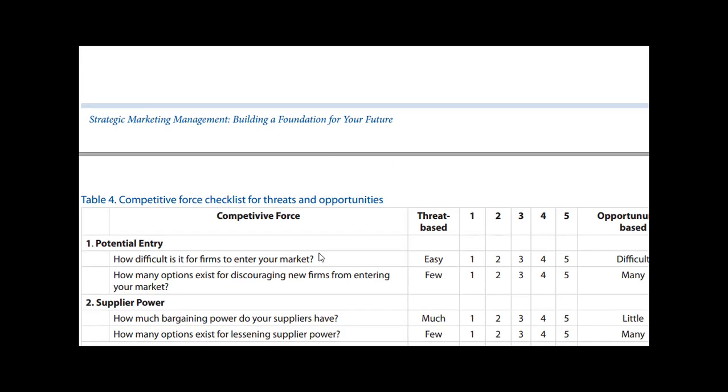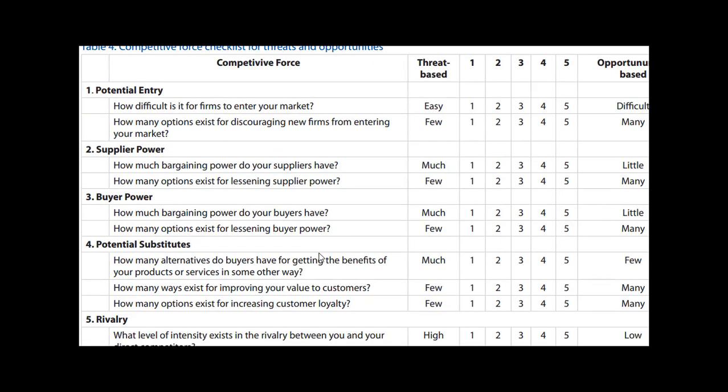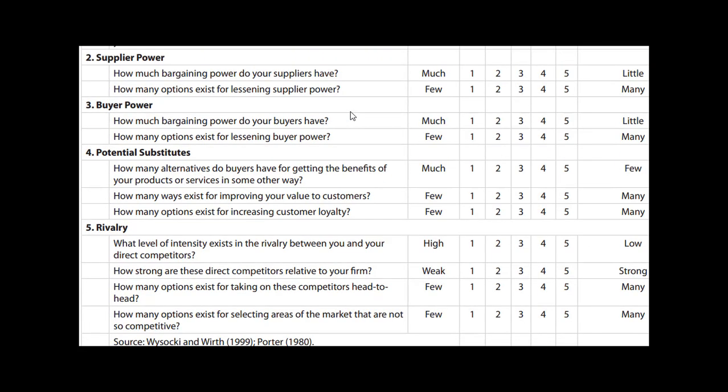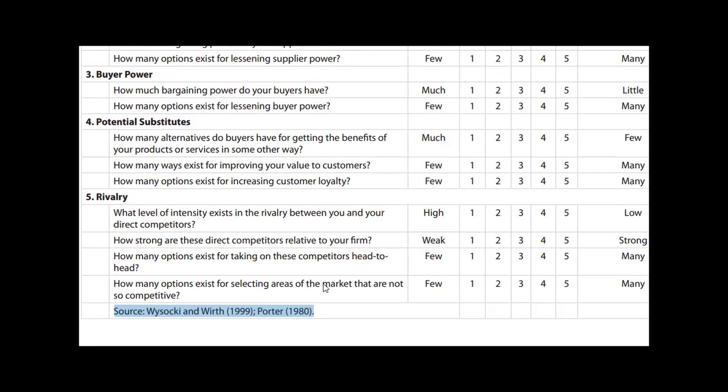Our last table in this discussion is table number 4, which seems pretty extensive, but this table has all the questions from Michael Porter's theoretical framework.